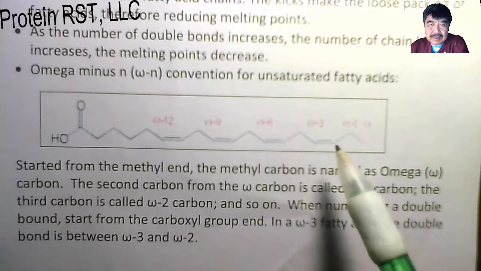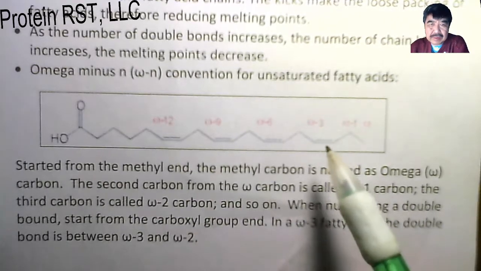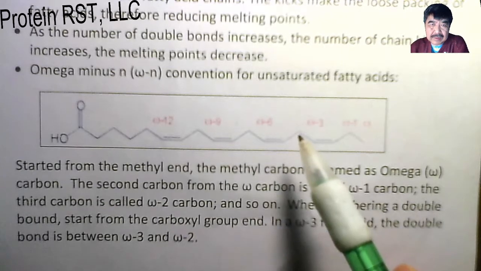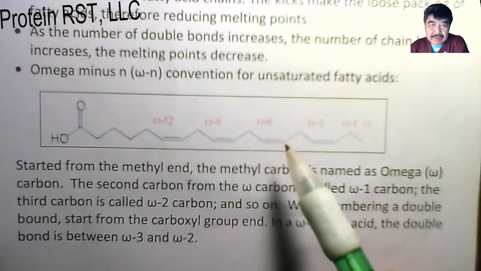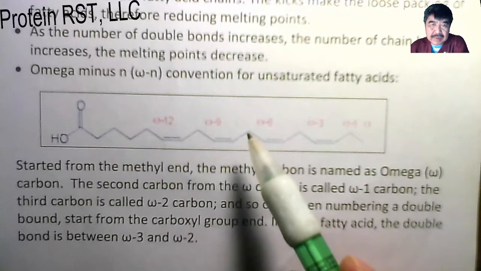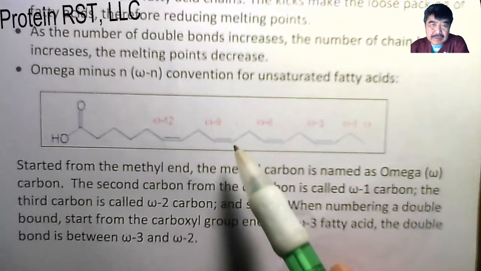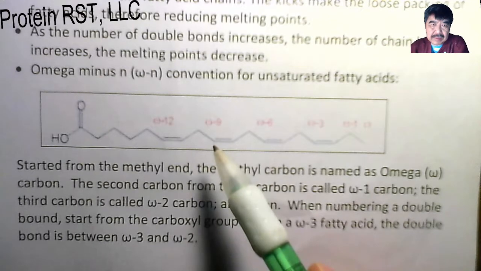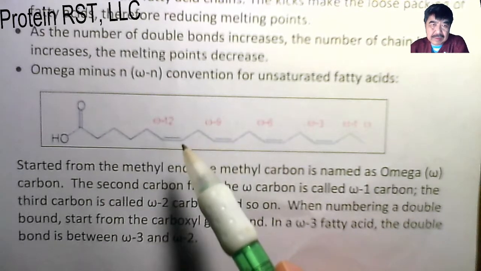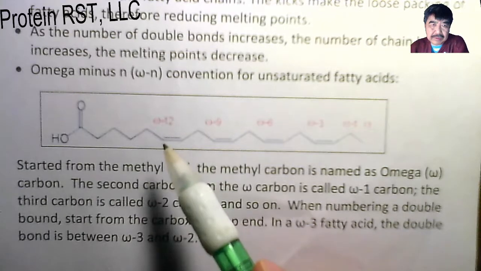This is omega minus 2 carbon. And this is omega minus 3, omega minus 4, omega minus 5, omega minus 6, omega minus 7, omega minus 8, omega minus 9, omega minus 10, omega minus 11, omega minus 12.